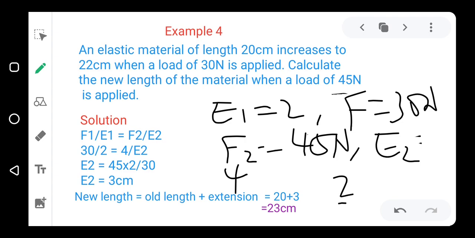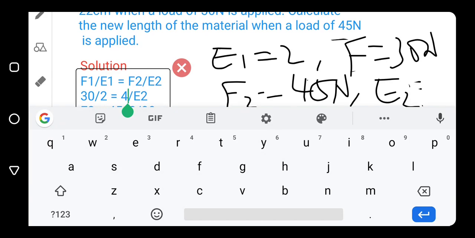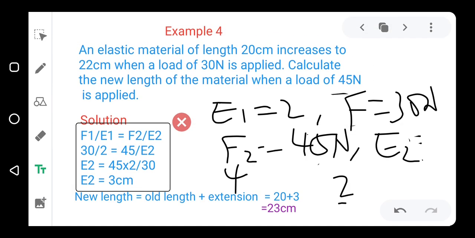F1 over E1 is equal to F2 over E2, which is our normal Hooke's law. Now our F1 is 30 and our extension 1 is equal to 2, that is equal to F2, which is 45, over E2.